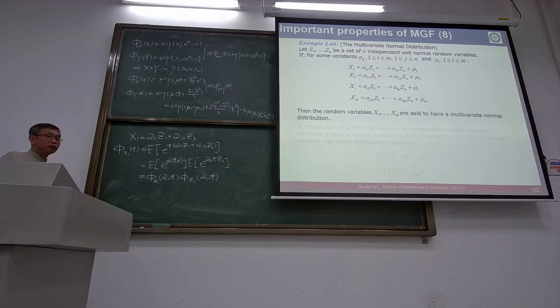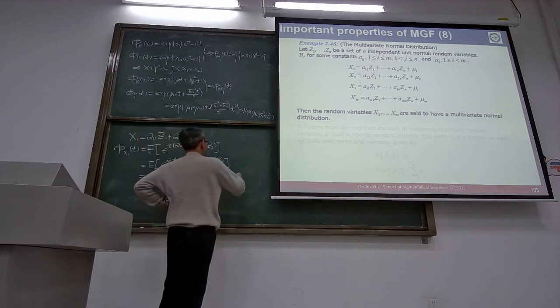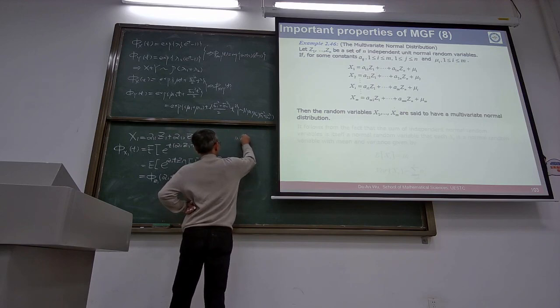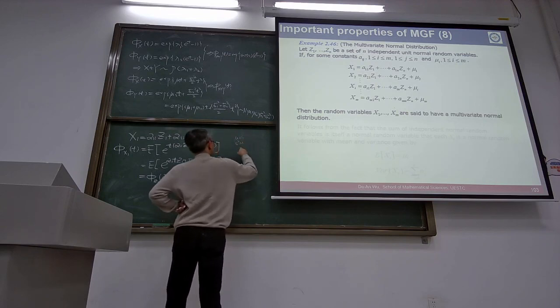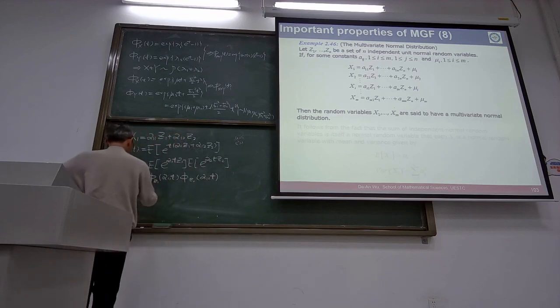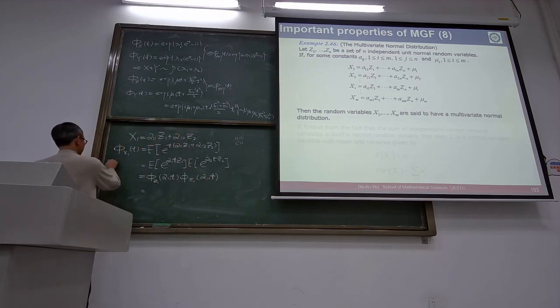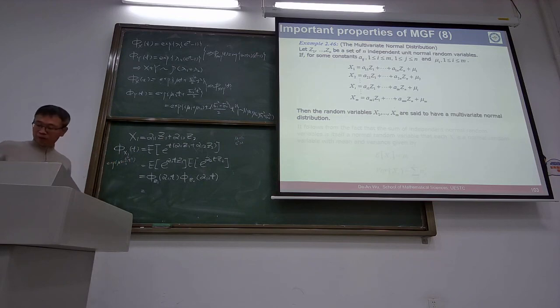We recall that both z1 and z2 are normally distributed, standard normal distribution, mu equals 0 and sigma square equals 1. So the moment generating function just equals e to the mu t plus sigma square t square over 2. Let's just remember here.